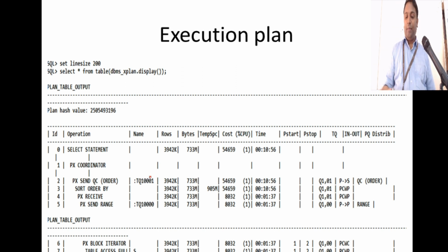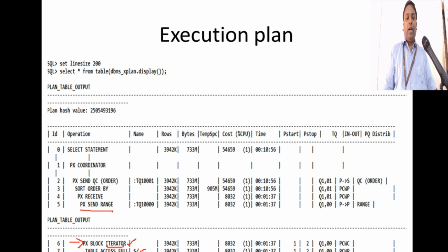Let's check what's happening here and how it is different from the previous plan. Here we have the partitions, 2 partitions. Table S, the entire table, is accessed using a block iterator. What do you mean by block iterator? Producers use the block iterator to iterate the table in blocks, and then this is range distributed to all the consumers.